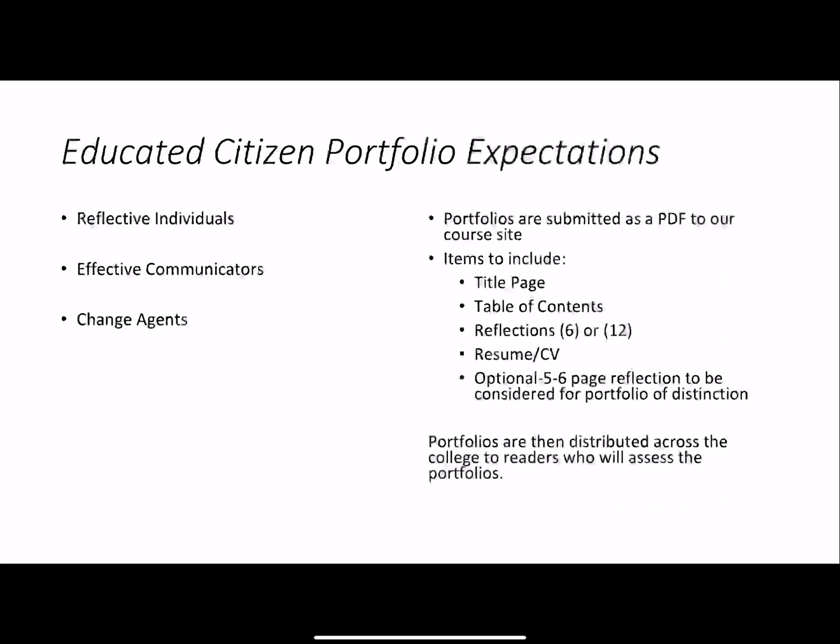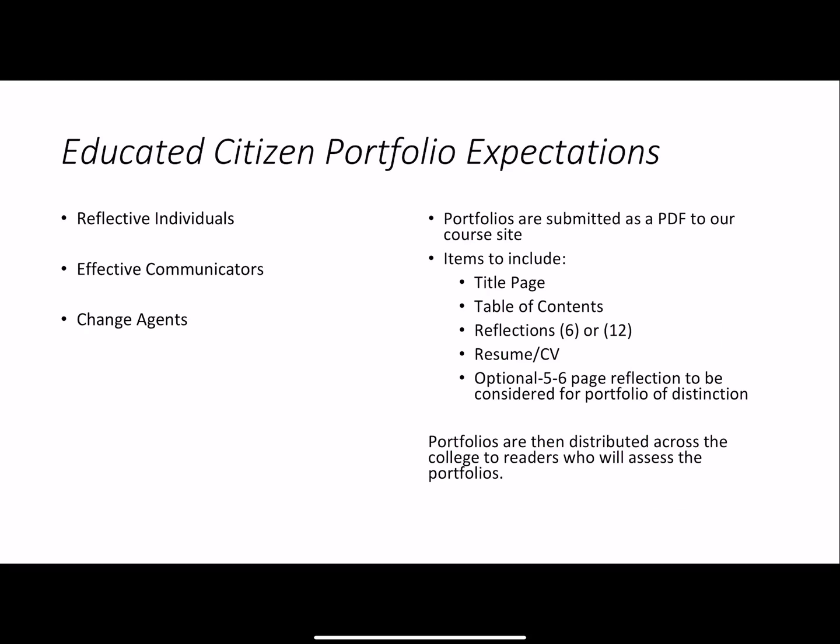What this paper does is it's meant to show your growth from the beginning of the time at Methodist to the end. And it reflects on how you've grown as an effective communicator, reflective individual, and change agent holistically. So it's not just a rehashing of the same reflections that you have submitted in the portfolio, but it's meant to take a more holistic look at how you've grown in your time at Methodist.